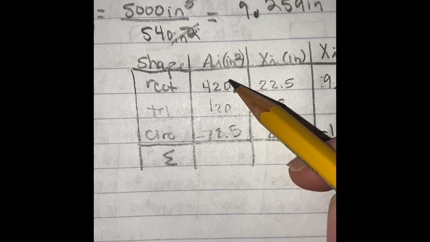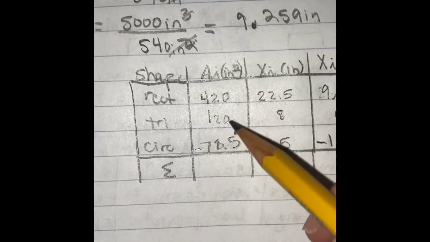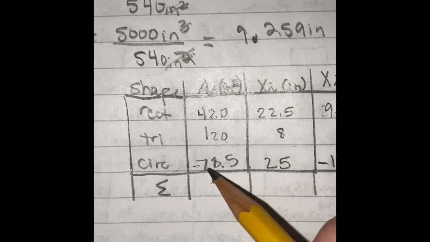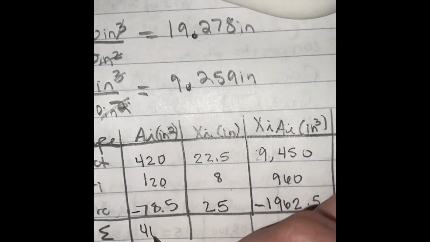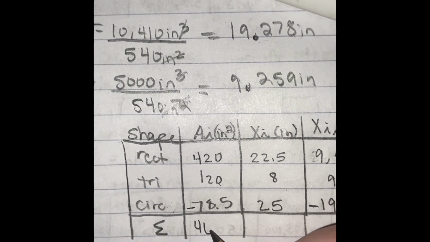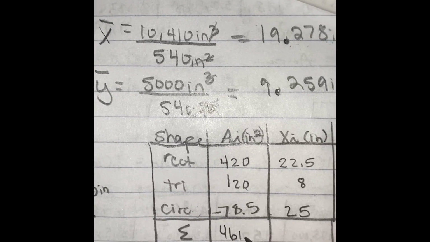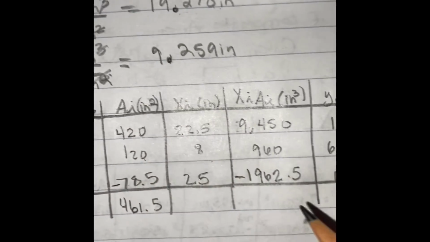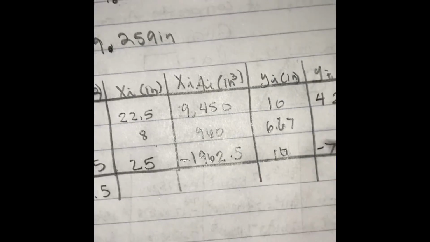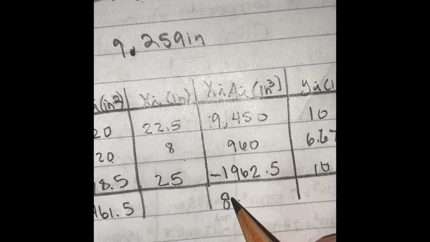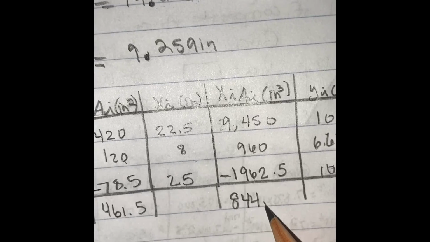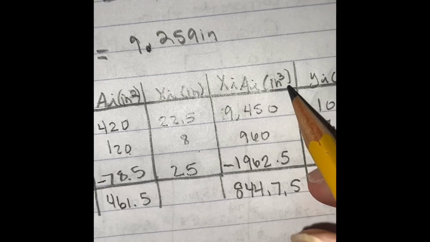So now to find our summations, you'll just add 420 plus 120 minus the 78.5, which gives you a total area of 461.5. The summation of this column would be 8,447.5 inches cubed.